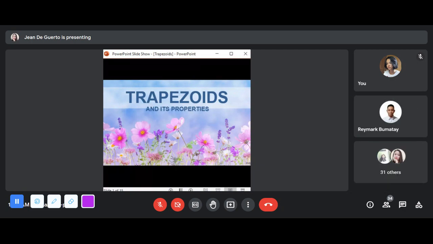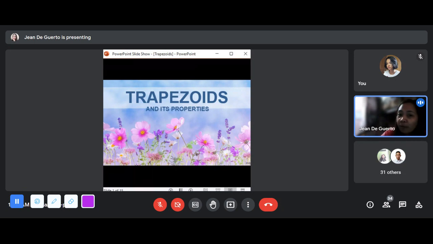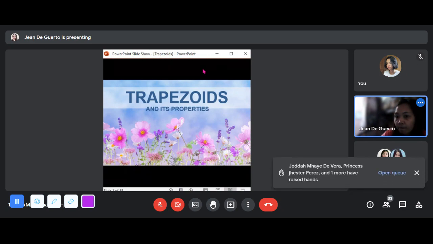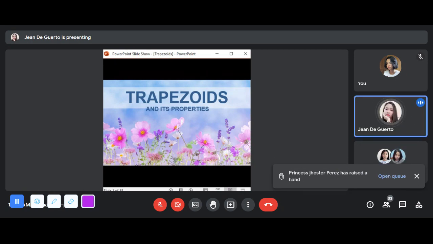Parallelogram po. Okay? Parallelogram, pag dalawa yung pares ng parallel sides. But if you have only one pair of parallel sides, you have a trapezoid. Paano kung wala siyang pair ng parallel side? Anong quadrilateral yon? Jeddah. Trapezium po, ma'am. Yes, we have trapezium.